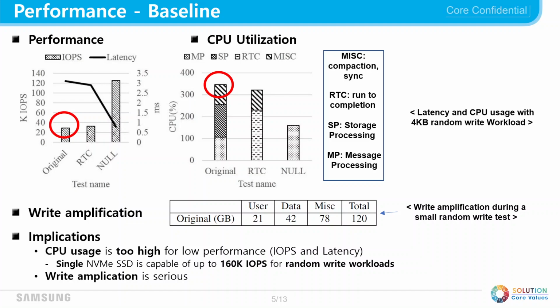In the original case, each node shows CPU usage of 346% while achieving 29 KIOPS in total. The CPU consumption is too high for such a low performance. That is to say, the I/O path needs to be highly optimized while reducing CPU consumption.